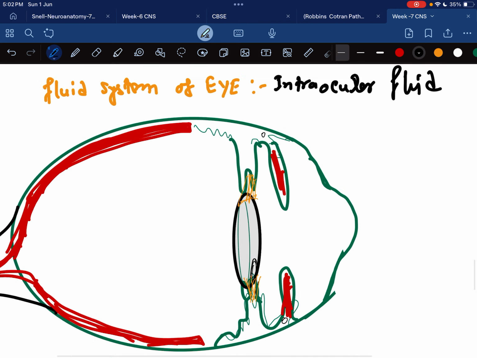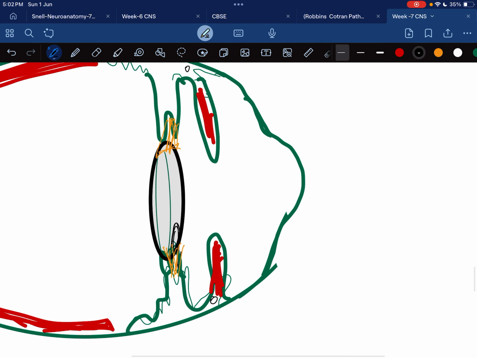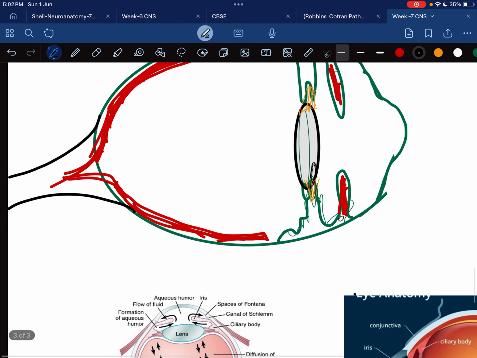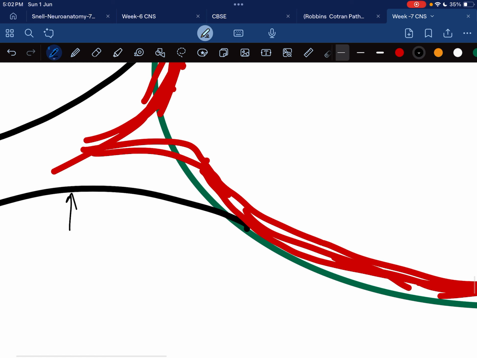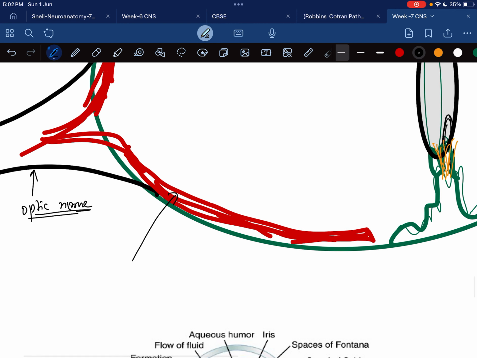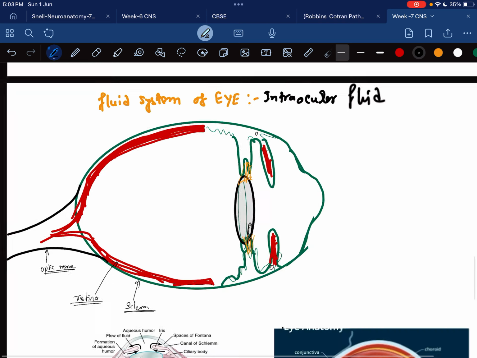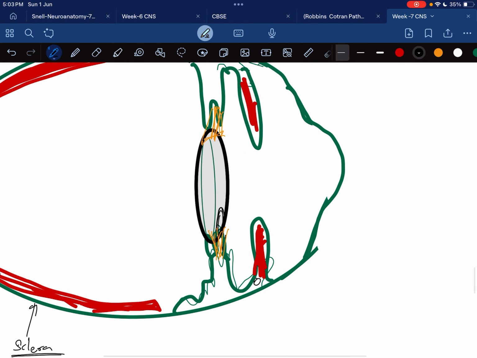So regarding this, this is a rough diagram of the eye. This is the optic nerve. This is a layer of retina, sclera, retina, and this is the lens.